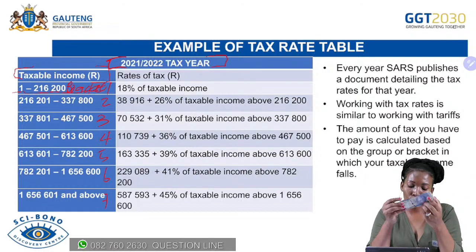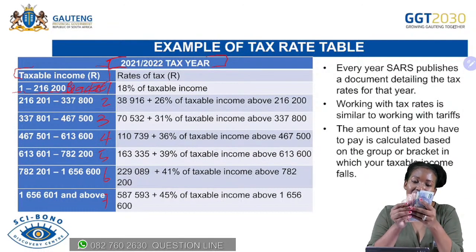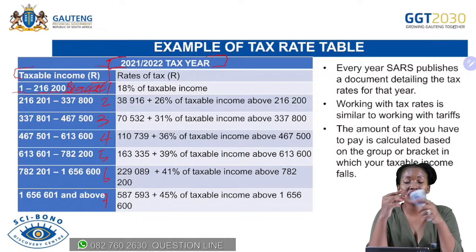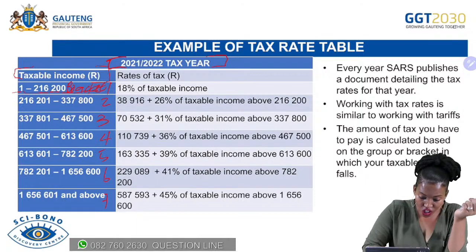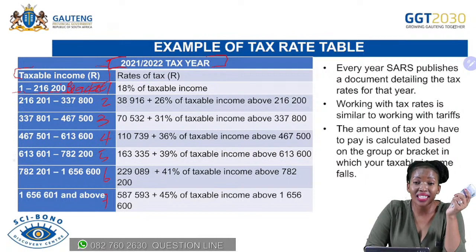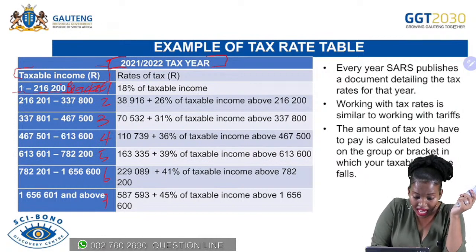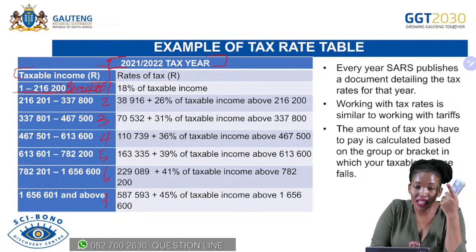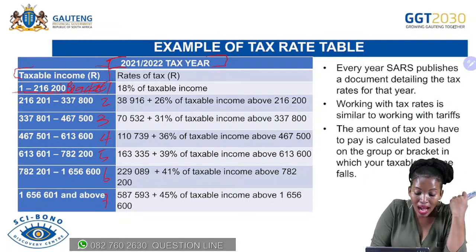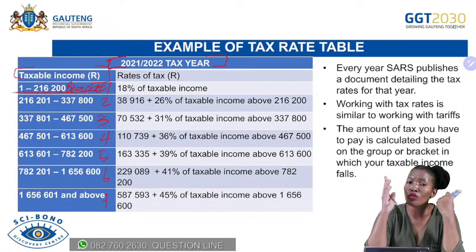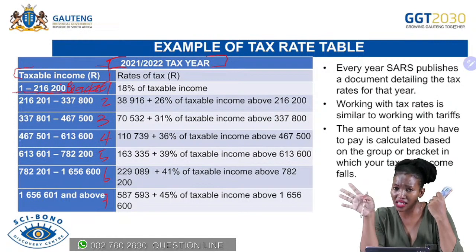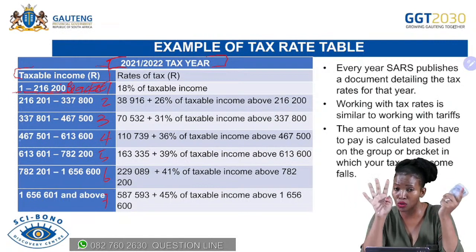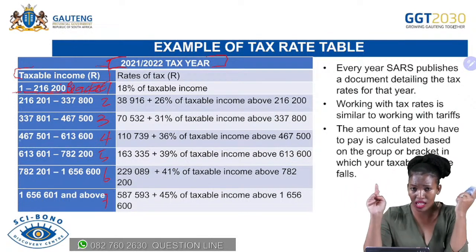And then how do you choose the brackets? I said I have 320,000. So you check in the brackets where 320,000 falls. Does it fall in bracket 1? No, because bracket 1 can only accommodate from 1 to 216,200. So the tax rate table almost works the same way as the tariffs. Remember the water and the electricity tariffs, those tables.